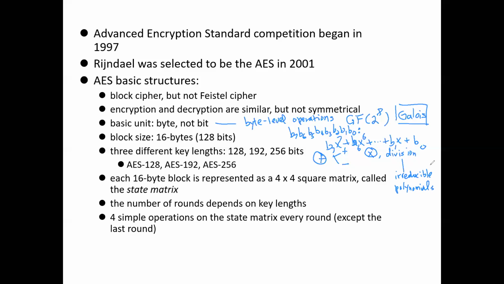The second is that instead of a fixed key length, AES supports 3 different lengths. One is 128 bits, the other one is 192 bits, and the last one is 256 bits long. For anything that requires strong confidentiality, you can use 256 bits.